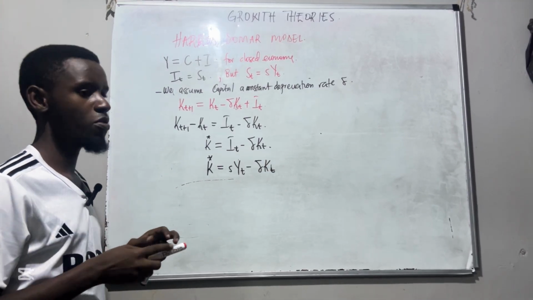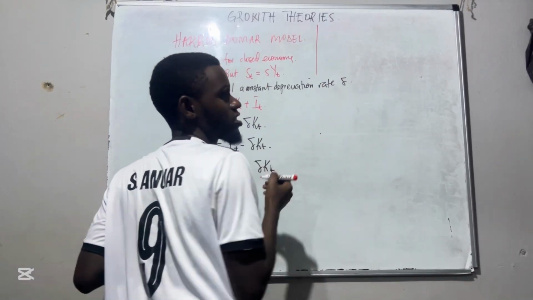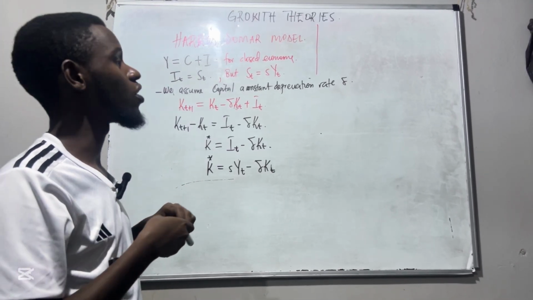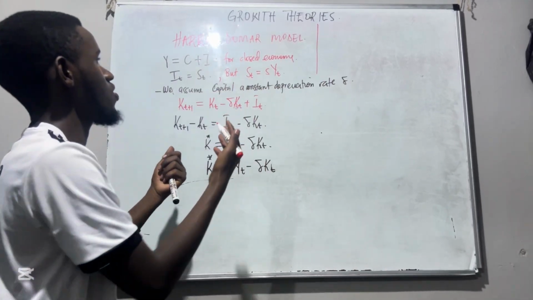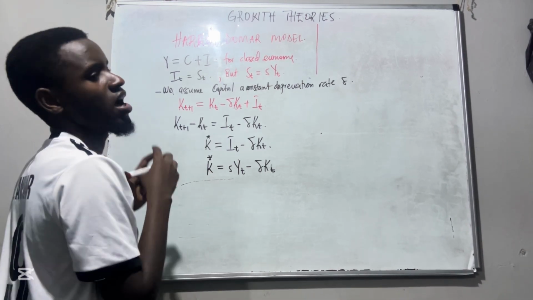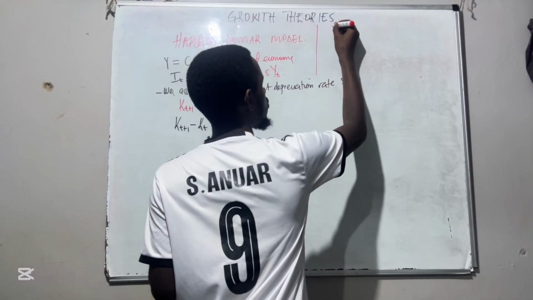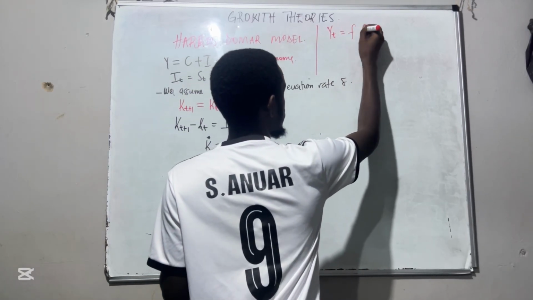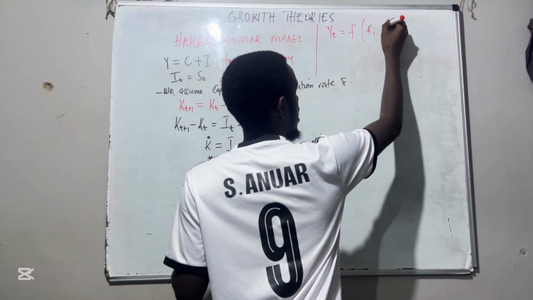But members, before we go any further, under the Harrod model, these two gentlemen assumed that an economy will always follow a production function. Remember these inputs are limited and they are complements. Therefore we have to use a certain amount of capital and labor, so output yt is a function of capital and labor.